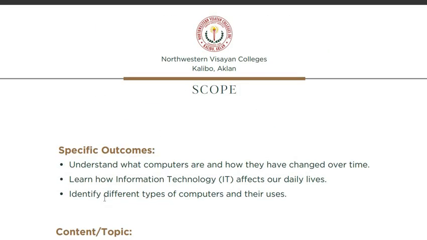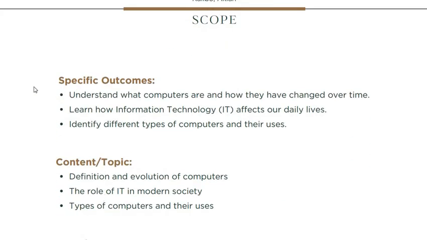So for our scope, we will discuss specific outcomes, which are to understand what computers are and how they have changed over time. Basically, this is about the topic on definition and evolution of computers. Then we will also learn how information technology, or IT, affects our daily lives.